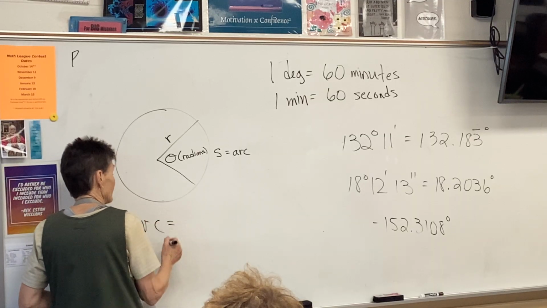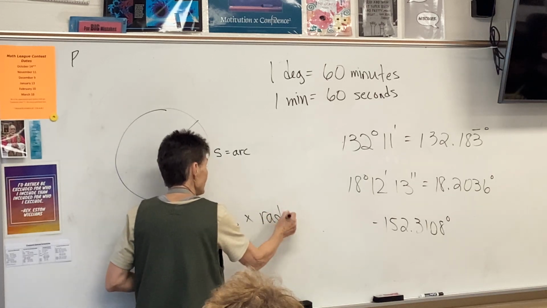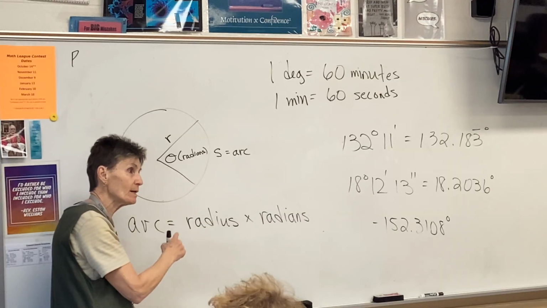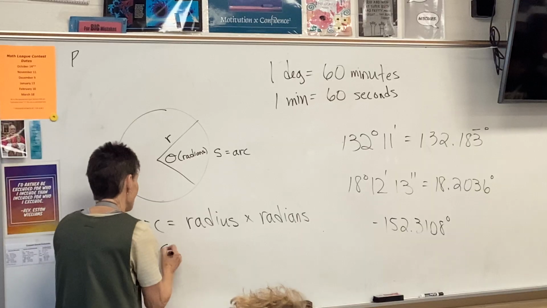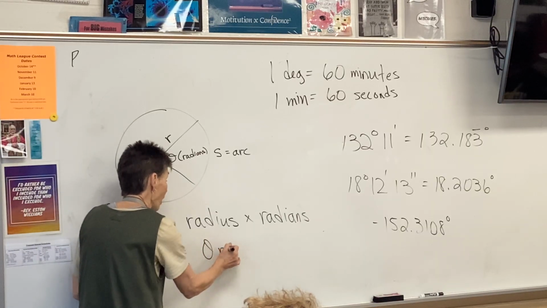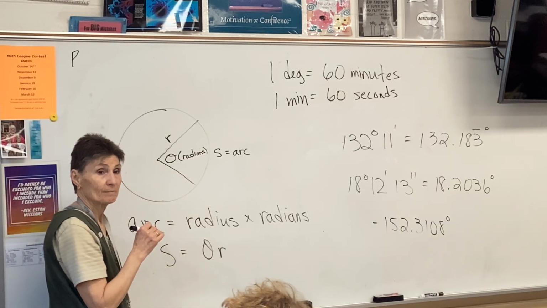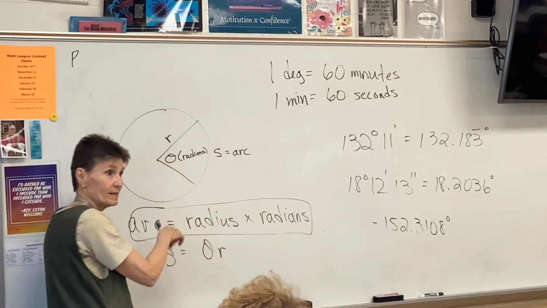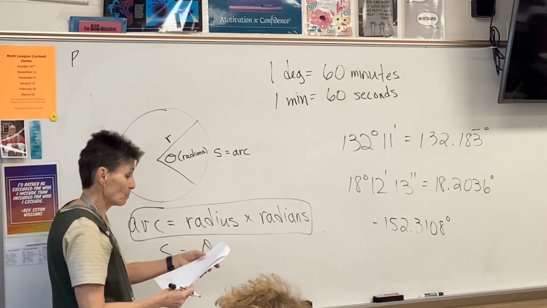Arc length equals radius times radians. That is how I remember it, but if we do it in terms of the letters in the problem, it would be S equals theta R or R theta. I don't remember that. I remember this right here, but you remember whatever you want. You need to know that. Okay? So if we know that, then these problems are easy.